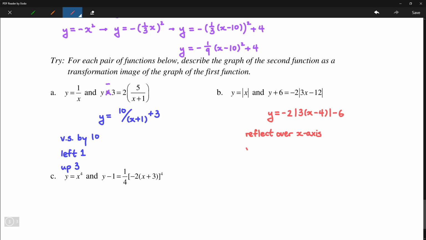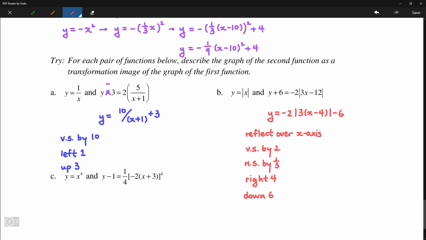Followed by the 2, which is a vertical stretch by 2. And then the 3, which is a horizontal stretch by 1/3. And then the x minus 4 moves the graph right 4 spaces, and finally the minus 6 moves it down 6 spaces.